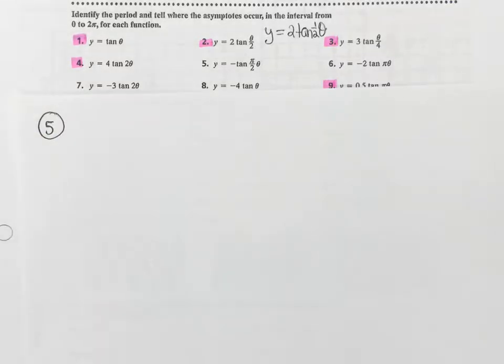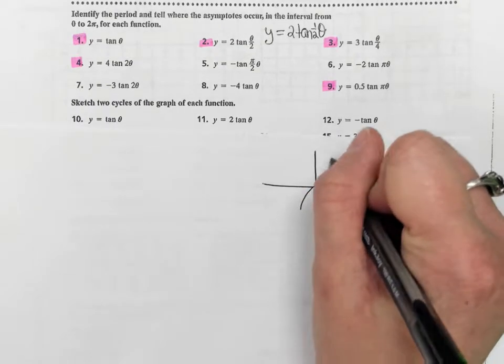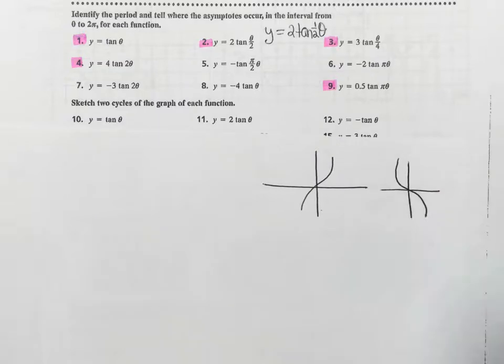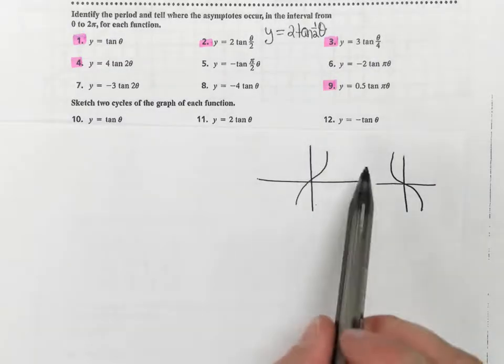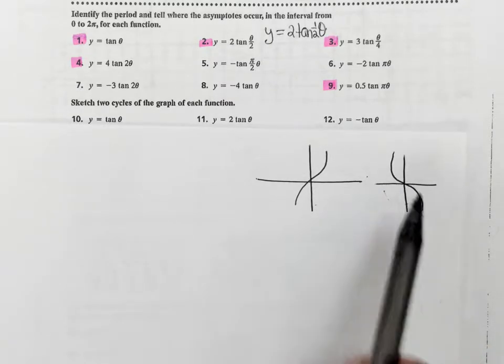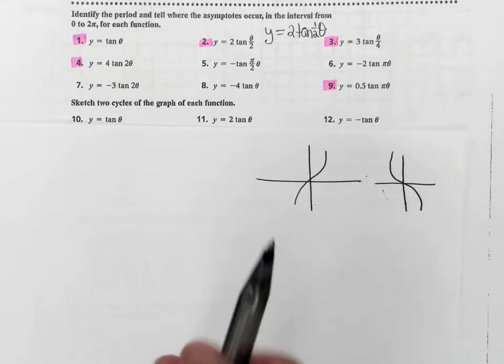What would the negative do to the graph? Flip it around, right? So instead of the graph looking like this, it would look like that, right? Y'all okay? Okay, now look, I know that we talked about this being the cotangent graph, but it actually only looks like the cotangent. The cotangent has a different formula to find the period. That's what you're going to get to in pre-cal, okay?